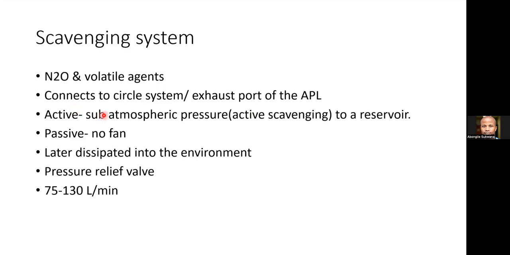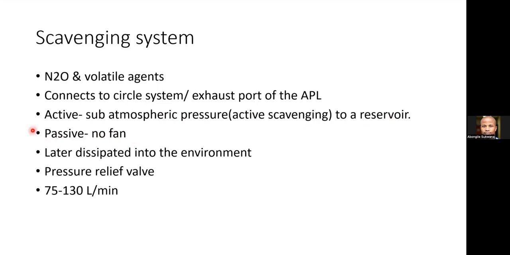With active, on the outside you generate a negative pressure using a fan so that you can suck out the waste. So it's called a subatmospheric pressure scavenging system, where there's a fan that will suck out the waste. But with passive, there's no fan.